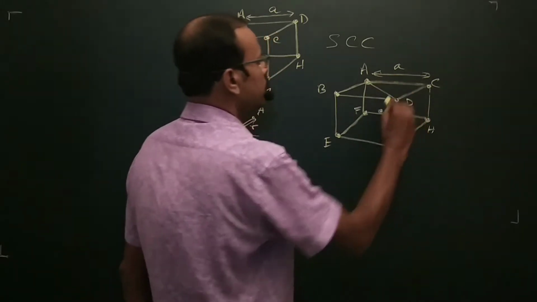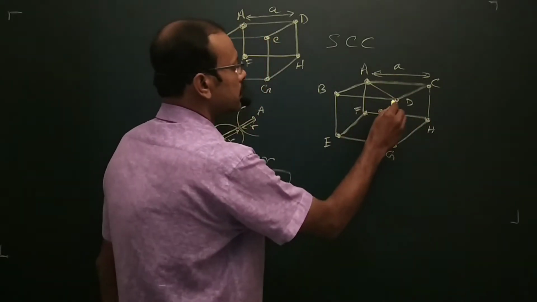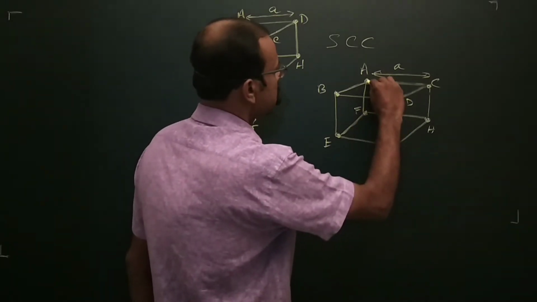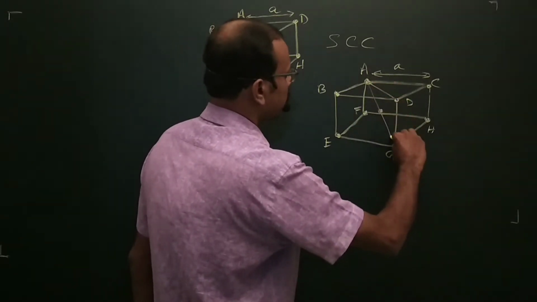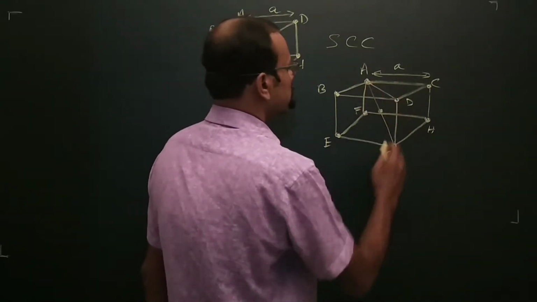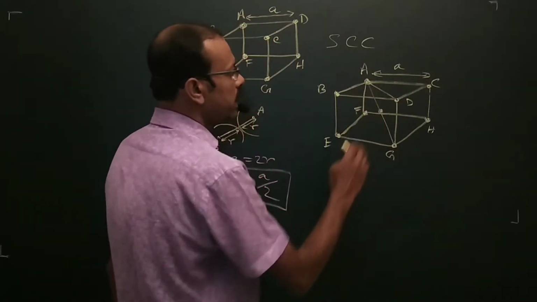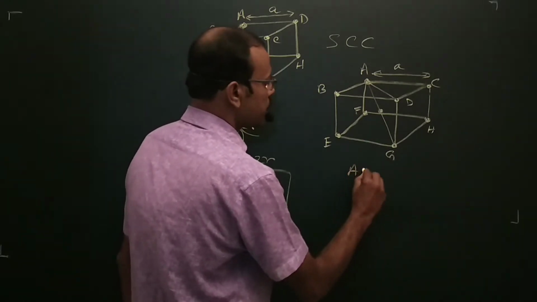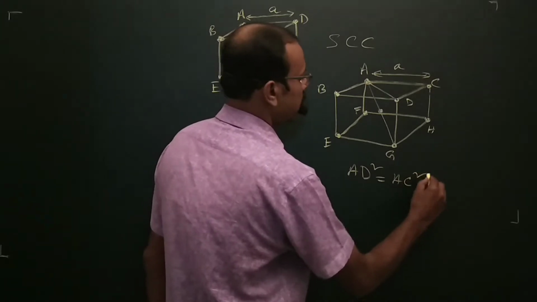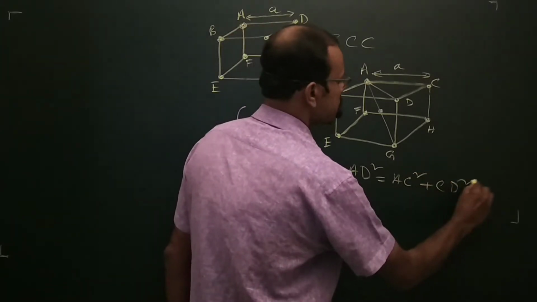I am drawing this diagonal AD and again taking this diagonal, AG. Now we have to find the length of AD first. From Pythagoras theorem, AD square equals AC square plus CD square.